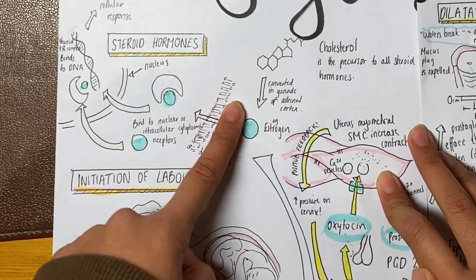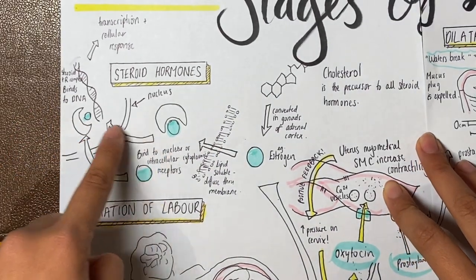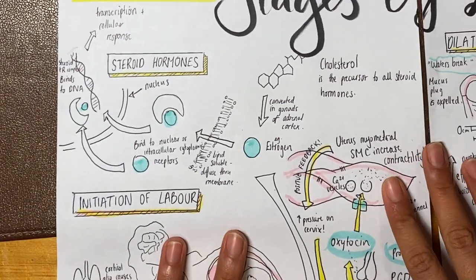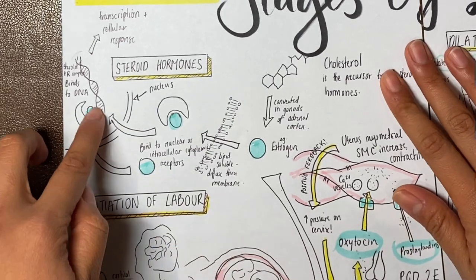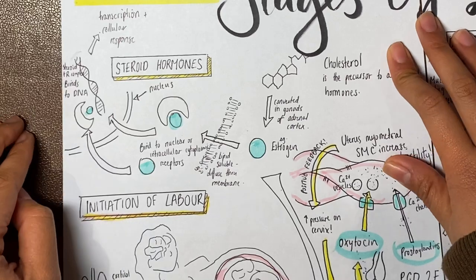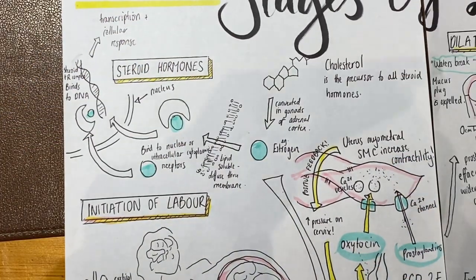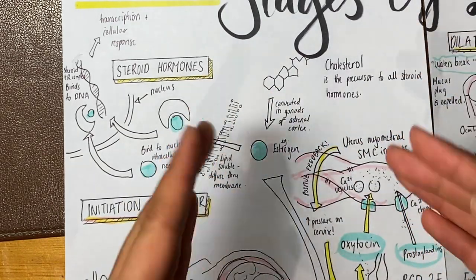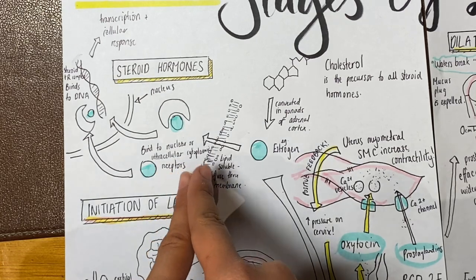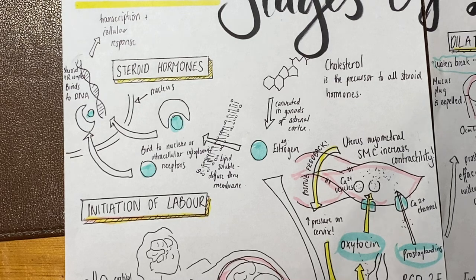So what happens after that is that these steroid hormones bound to their receptors form a receptor ligand complex, and these are going to bind to DNA and cause transcription of certain proteins, which is therefore going to initiate a cellular response. So we have cholesterol, the precursor to steroid hormones, which are able to diffuse, bind to their receptor, and together they bind to DNA and initiate transcription.